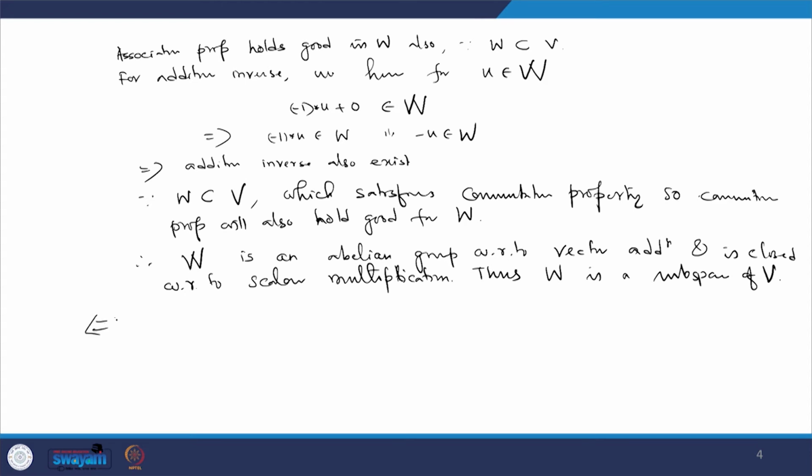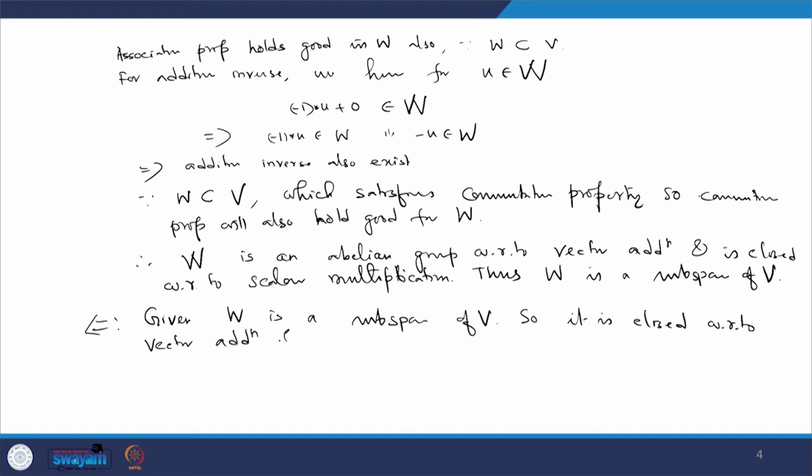Now, the other way: given W is a subspace of V, it is closed with respect to vector addition and scalar multiplication.